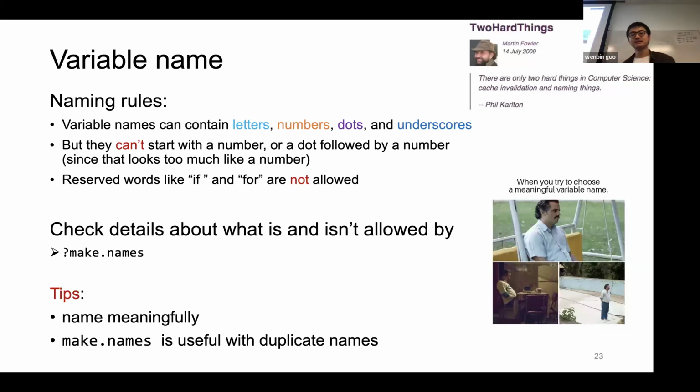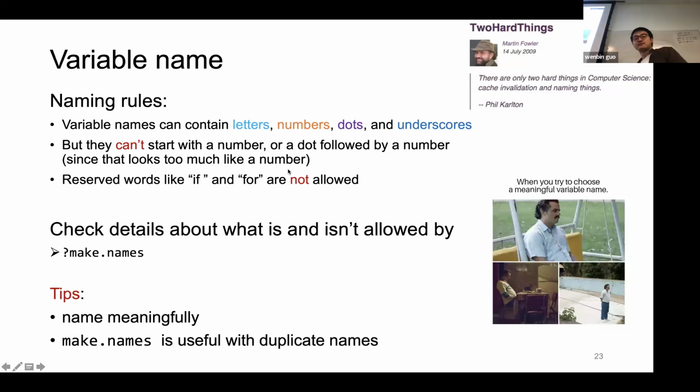But anyway, for the R naming rules, we can consider naming in this way: the variable names should contain letters, numbers, dots, and underscores. So don't use anything else, like a dollar sign. Just use these combinations, right? This is also like when you are choosing a password for a website, where you use letters and symbols.